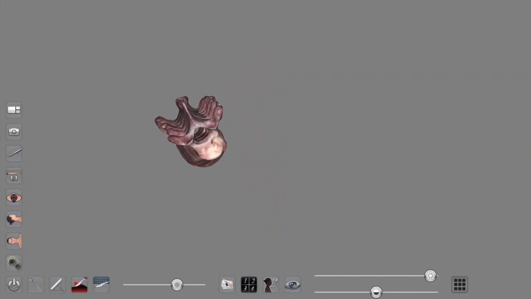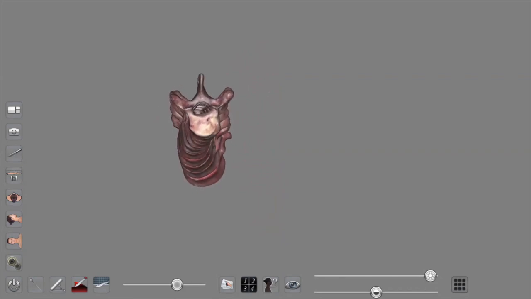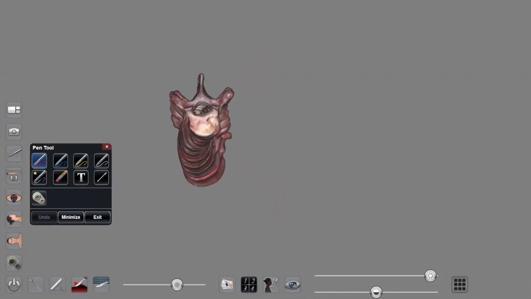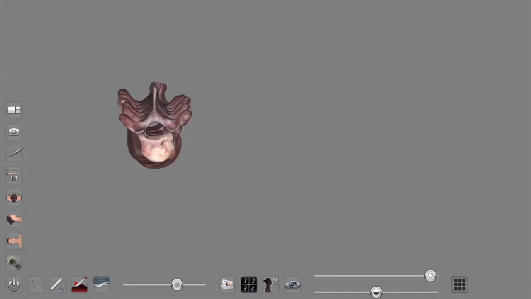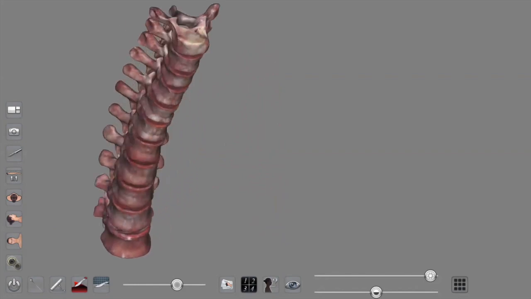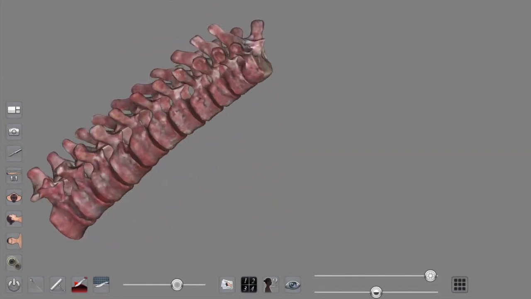Similar to other vertebrae, you will find bony landmarks, including the body of the vertebra, the superior articular processes. Let's get a better view here for you.